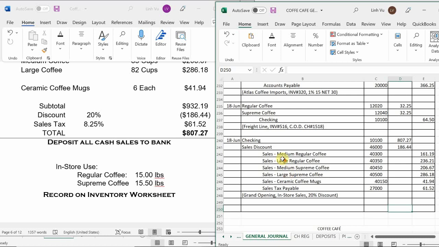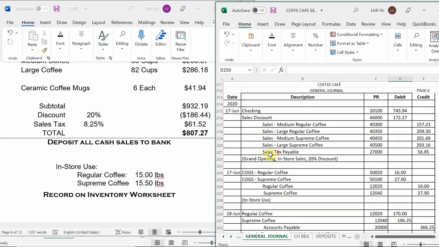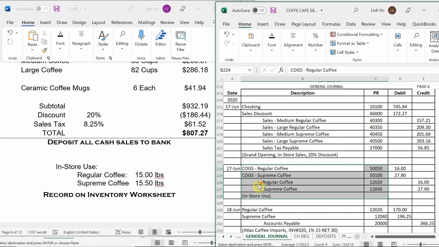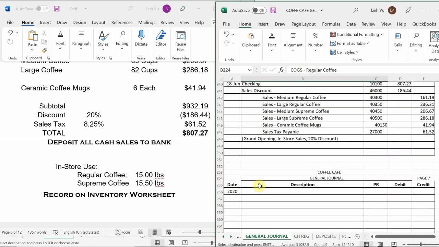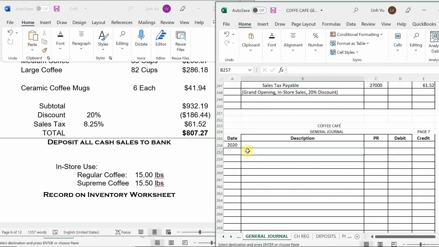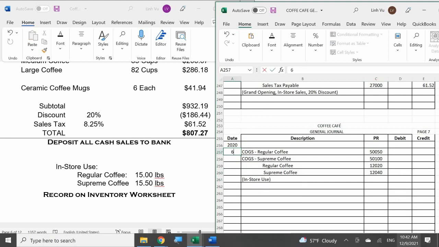So in this case, I need to have a cost of goods sold for regular coffee, cost of goods sold for Supreme coffee, and of course, I'm taking them out from my inventory, which is regular and Supreme coffees. Okay, 618, and it was for in-store use.